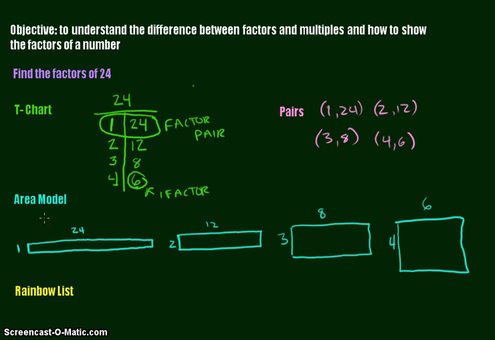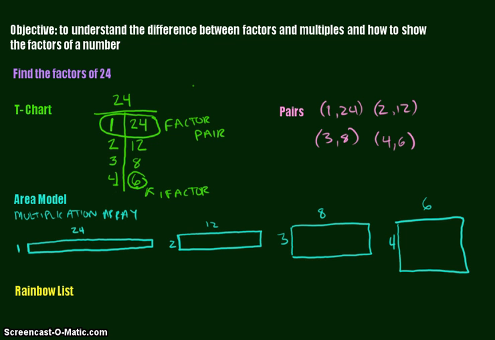But these are area models. Just think of area. We call it an area model because when you find the area of something, it's length times width. But you can also think of this as a multiplication array.